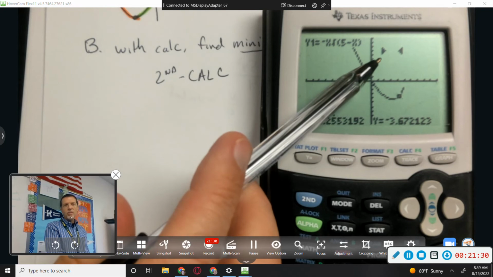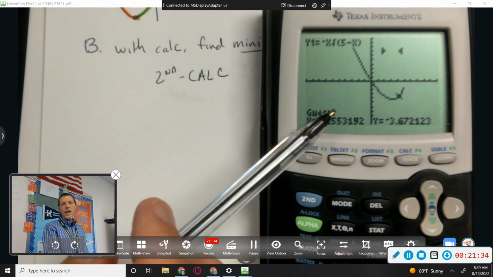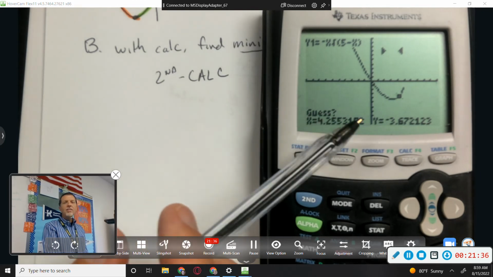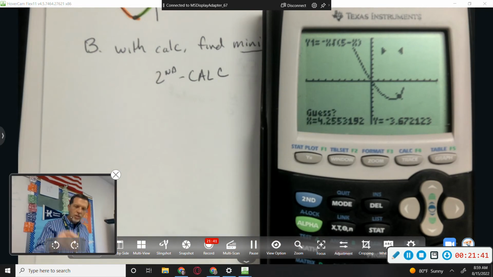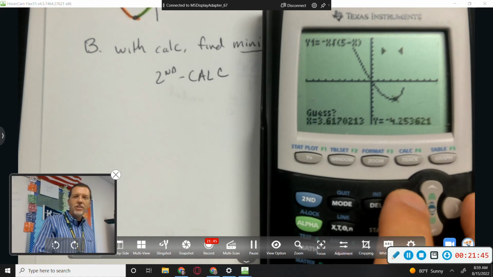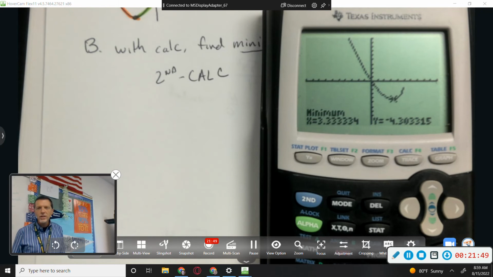That means the calculator is going to guess in between those two spots. And it asks for a guess. It doesn't really matter what you put for a guess as long as it's between those two. Most of the time you can just press enter and be fine. If you want to be kind to your calculator, you can try to get close to the minimum and it'll find it a little bit quicker, but it's like the difference between 1/10 of a second and 2/10 of a second.